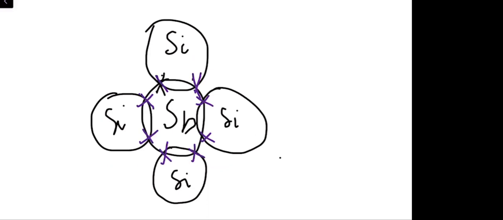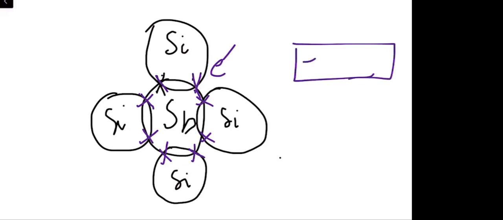So this means there is 1 free electron which is left. As this is a free electron left over, it is available in the conduction band, because it cannot make a covalent bond, and due to that it goes into the conduction band, right?